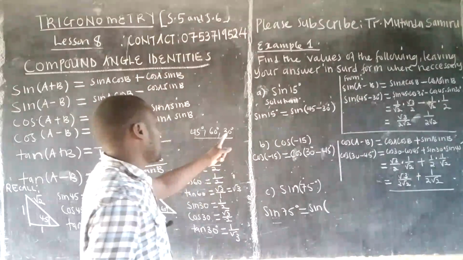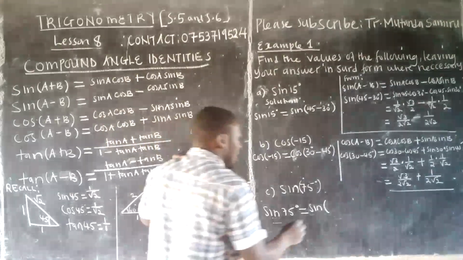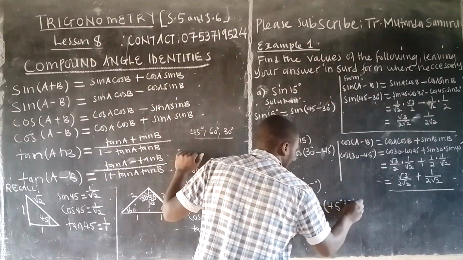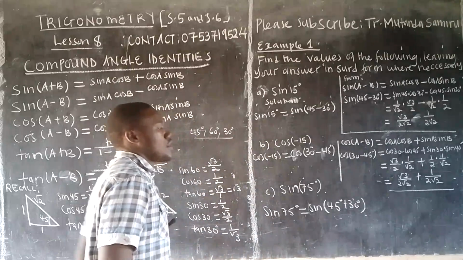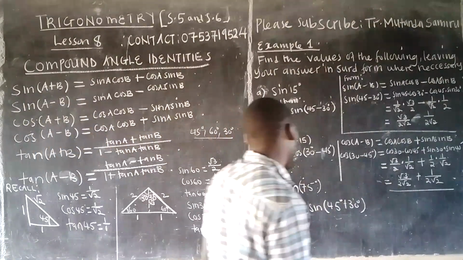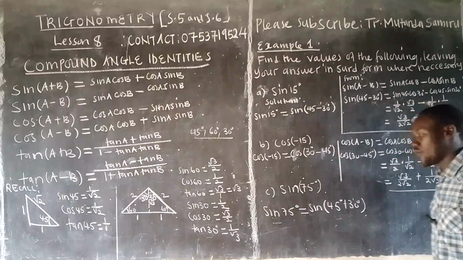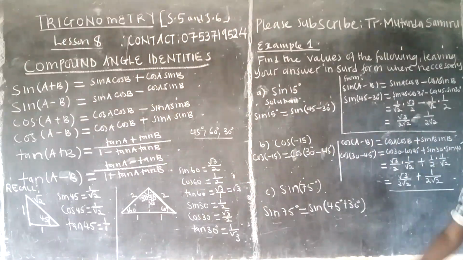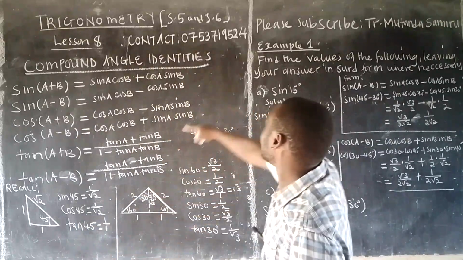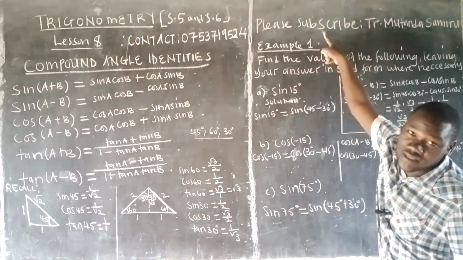You see that when you add 45 plus 30, 45 degrees plus 30 gives you 75. I'm leaving this one for you so that you also complete it and give us that answer. So you have seen how important this is, but don't forget, please.